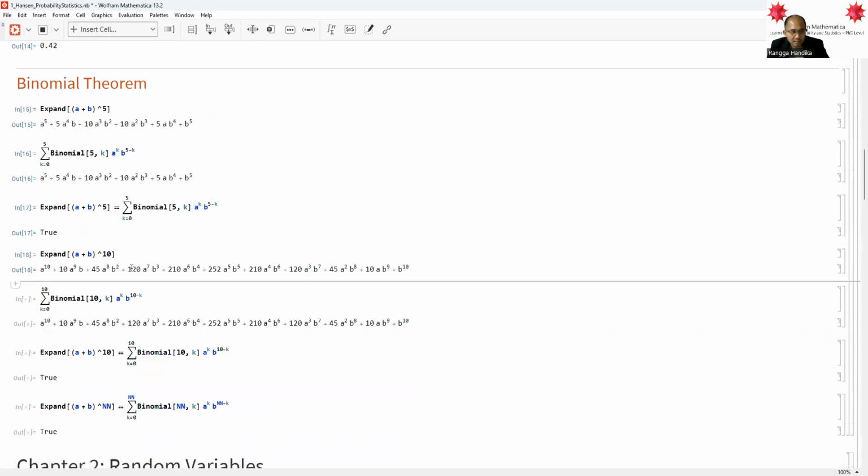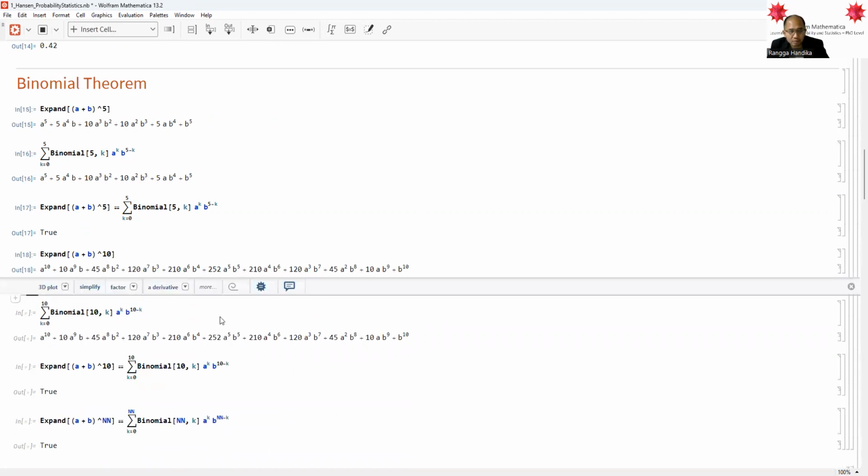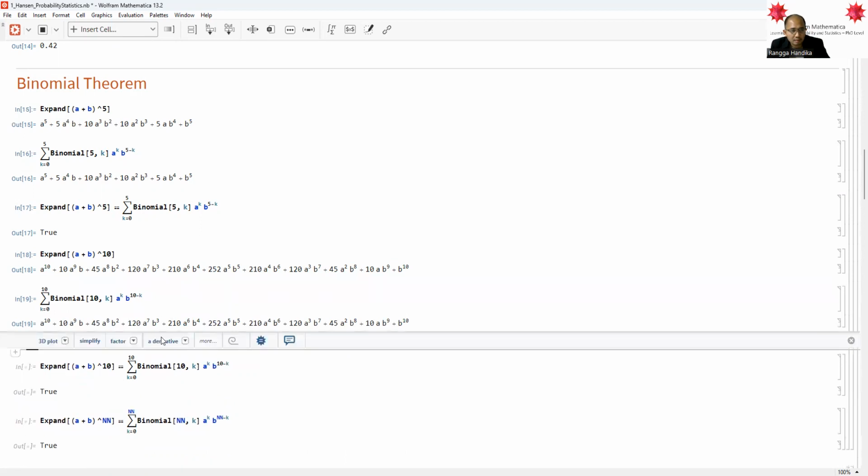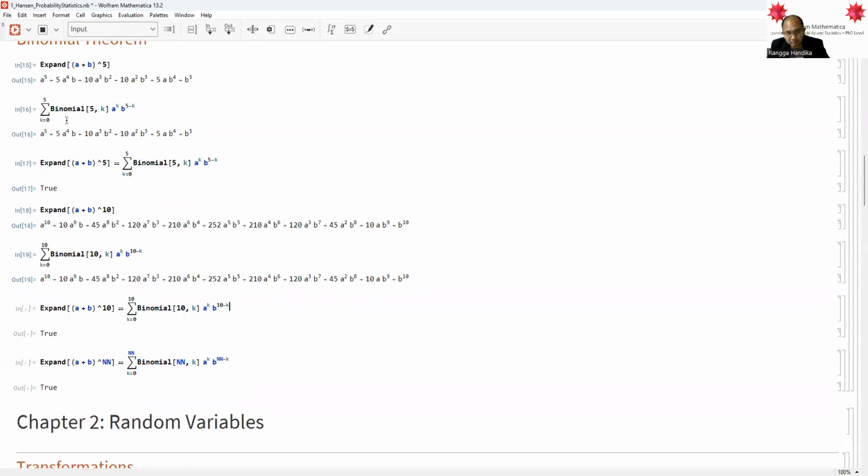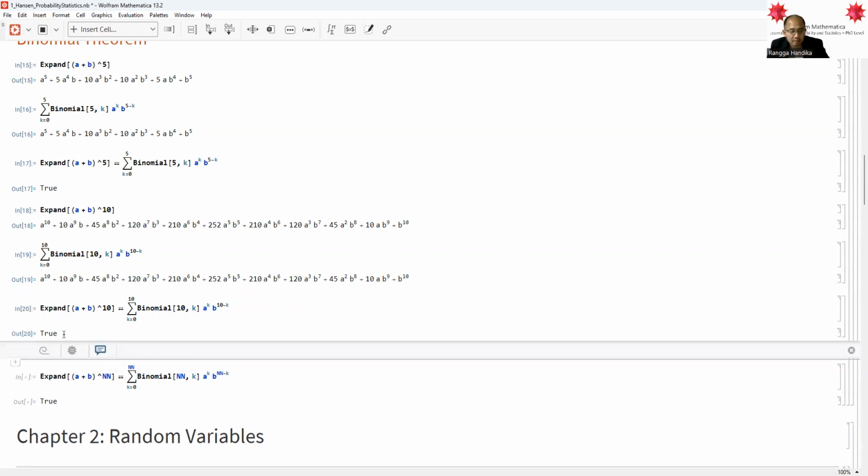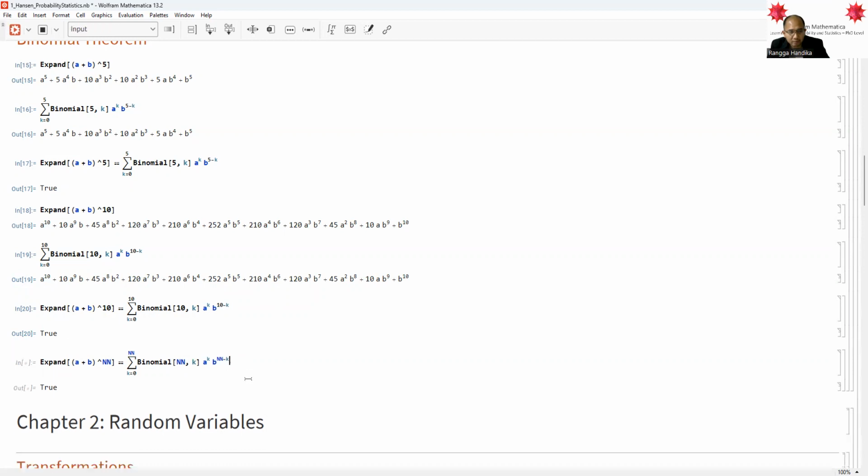How about ten? Yes, you can easily expand, and this is also the binomial. Again, we test mathematically if this expansion and binomial are the same, so the left hand side should be equal to the right hand side. So we see, and then it's true, as well as this one. If we want to expand and then make the formula again, this is true.